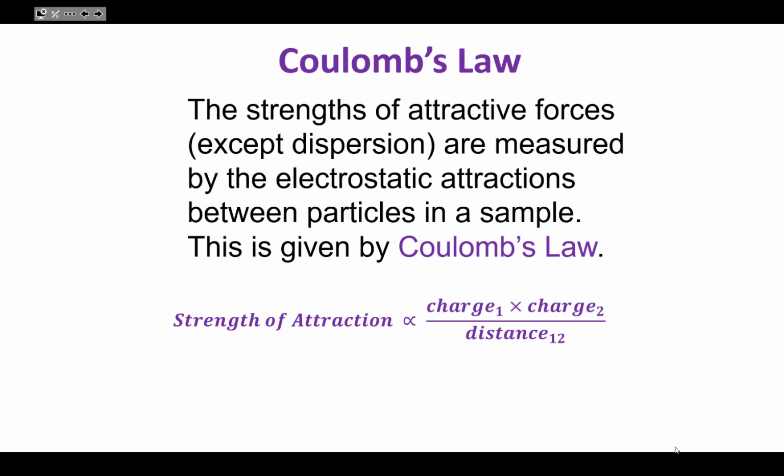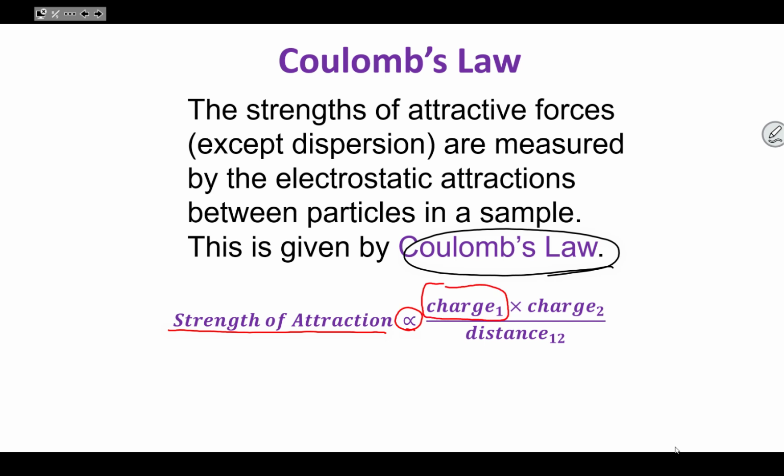So now I would like to discuss the relative strengths of these attractive forces, and what they're measured by is just general physics, electrostatic attractions determined by Coulomb's law. And what this says in short form is that the strength of attraction, and they have to be oppositely charged particles, otherwise it's a repulsion, is proportional to the charge on particle 1 times the charge on particle 2 divided by the distance between them.